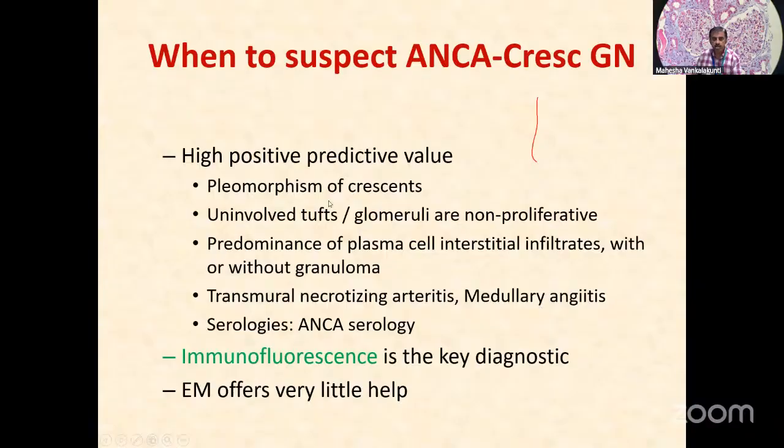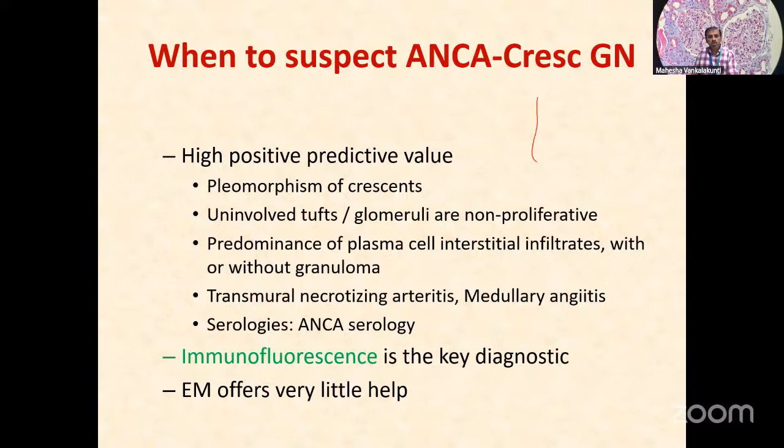So these are the histologic points, and of course the clinician would have sent the ANCA serology in a case of rapidly progressive glomerulonephritis. To stamp all these findings, it's the immunofluorescence which is the key diagnostic to say that it is a pauci-immune glomerulonephritis.